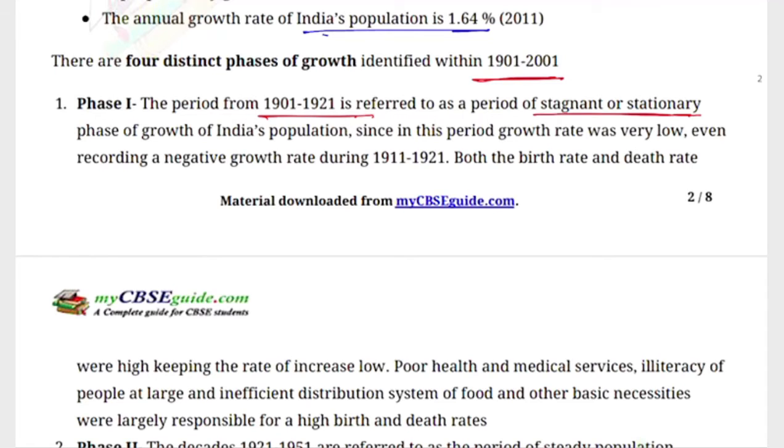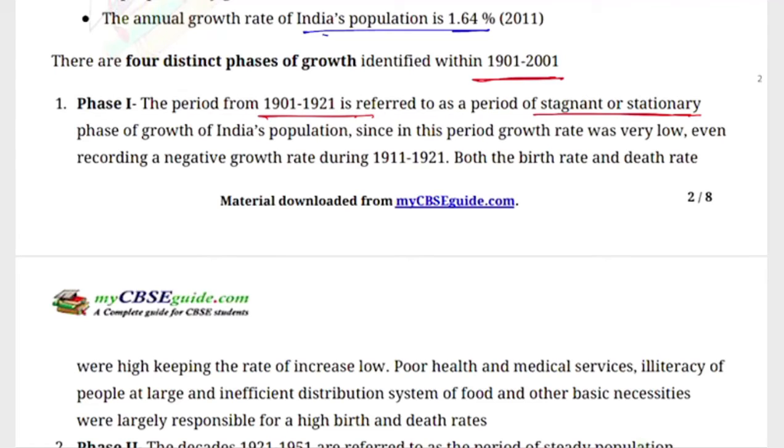Stagnant or the stationary means there was no big change, means in this period of time the population growth was not high, because in this period the growth rate of the population of India was very low. Even in some years from 1911 to 1921 the growth was in negative.